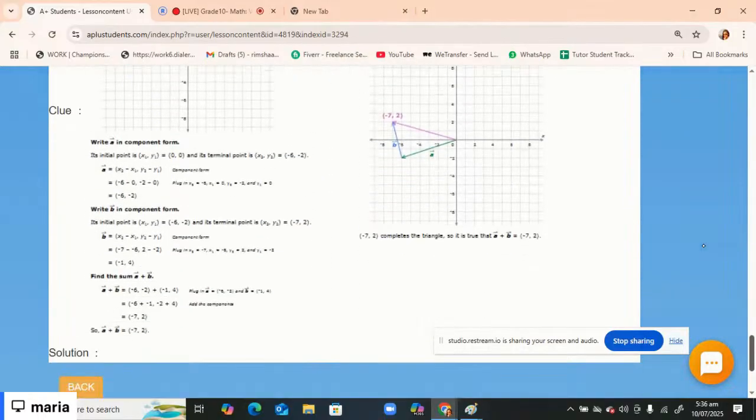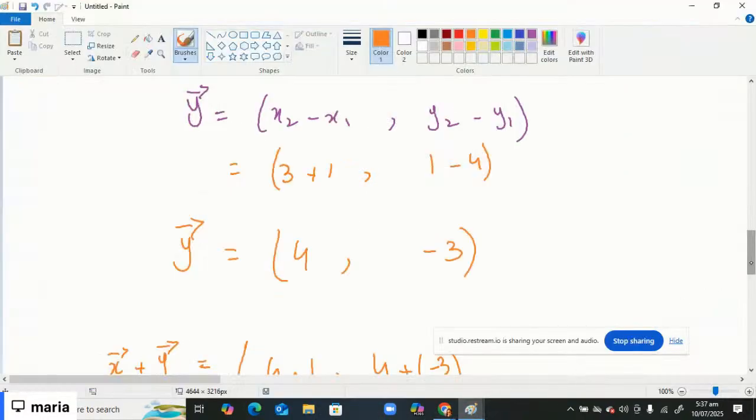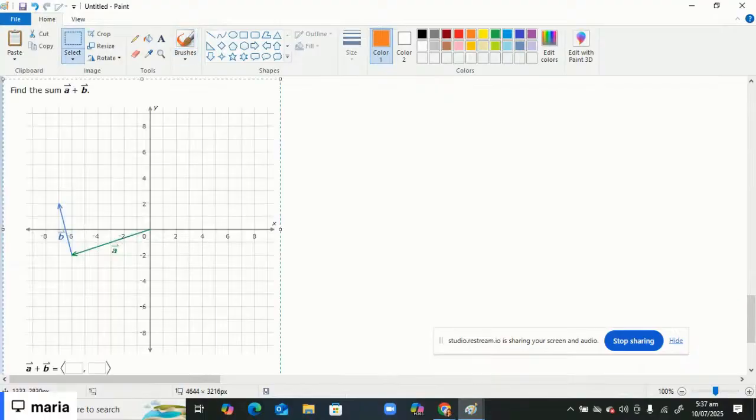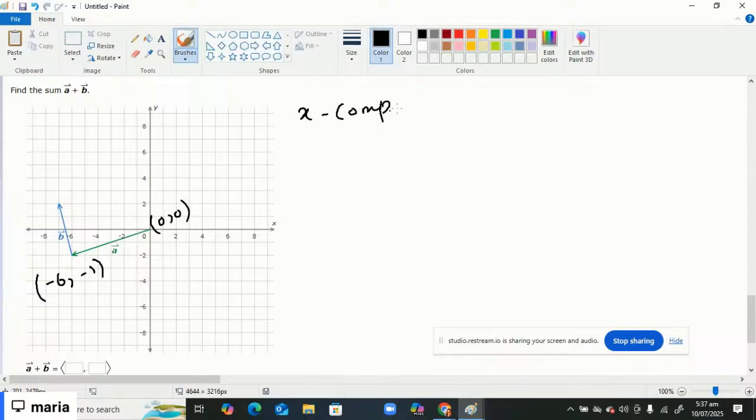Firstly, we're going to find this one. So now, first of all, this is (0, 0). And what is this point called? That is minus 6 and minus 1. So for the x component, x2 minus x1, y2 minus y1.